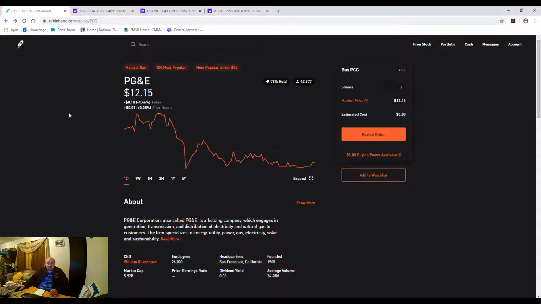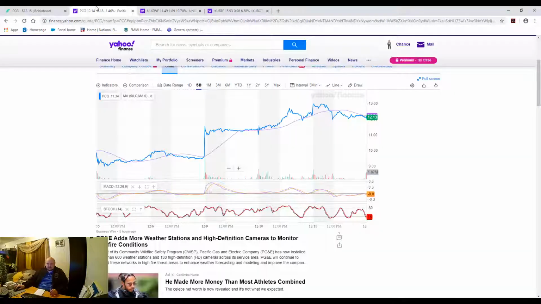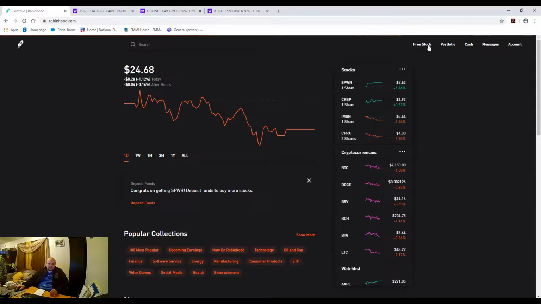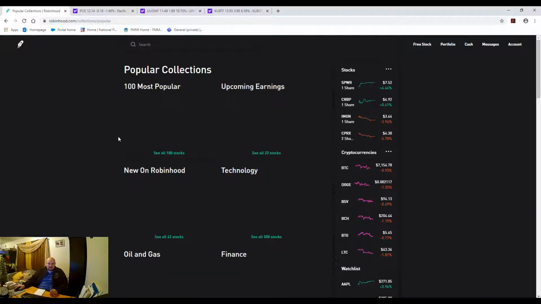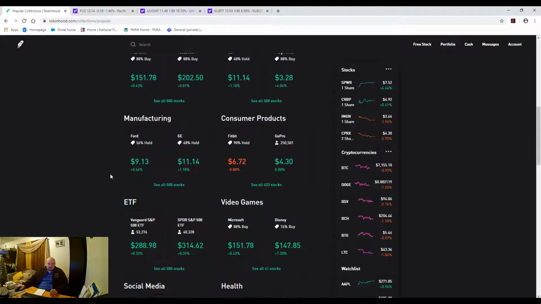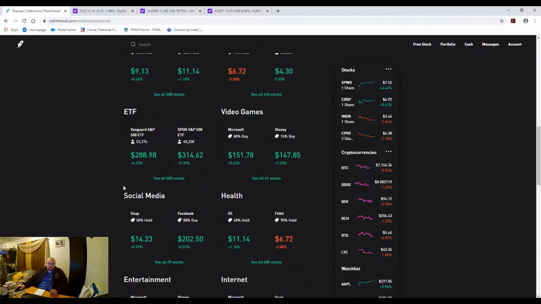Robinhood also has a show more popular collections option. So they have new technology, finance, popular items in there, oil, gas, software, energy, and they have lists of stocks that might be interesting for review.